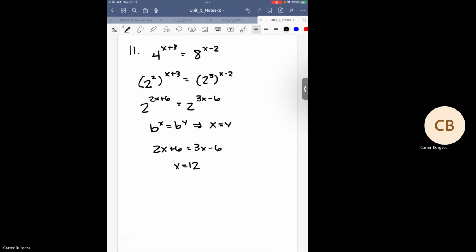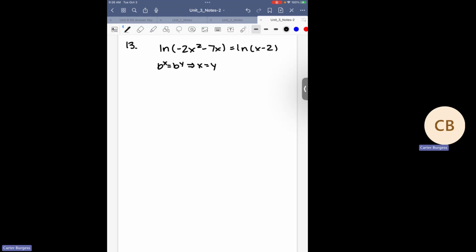All right. Let's take a look here at 13. So this is the ln of negative 2x squared minus 7x equals the ln of x minus 2. Now, just like with our former problem, in this case, the whole deal of b to the x equals b to the y implies that x equals y.